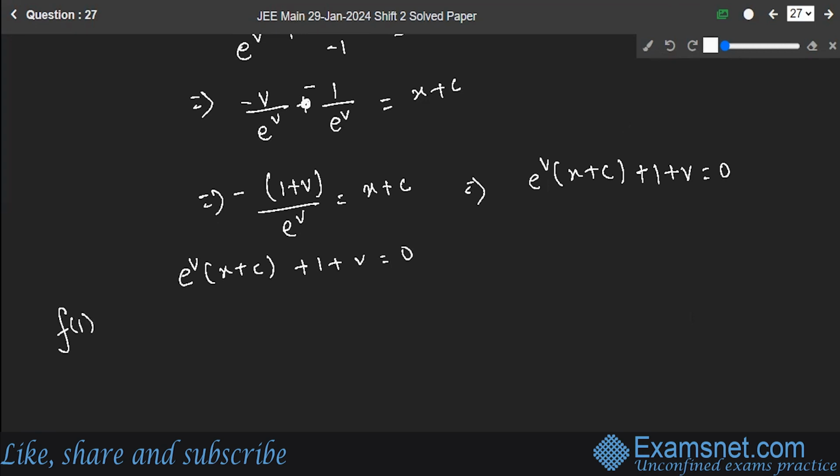Now you are given in the question that f of 1 is equal to 1. That means at x is equal to 1, y is 1 only.